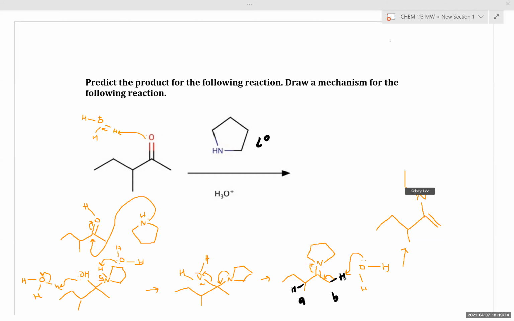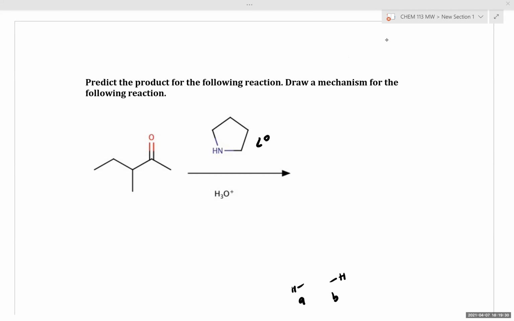Perfect. And this student proposed mechanism looks completely reasonable. Thank you everyone who also shared your proposed comments and answered questions in the chat. Now that we as a class have arrived at the complete mechanism, let me just clear those annotations and redraw the mechanism for our reference.